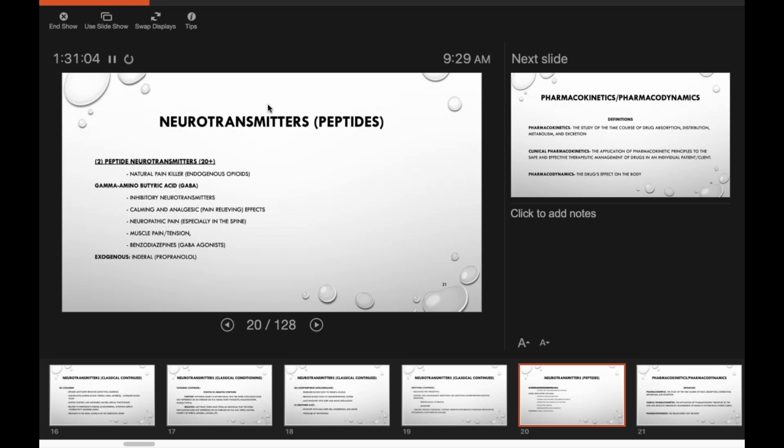Originally, benzos were for anxiety, Valium, but they found the pain relieving effects, partially because it would calm the muscles, it would relieve the tension, which would take the pressure off the spine. So an agonist is going to tell a neurotransmitter, I need you to be more potent. In this case, it's GABA.